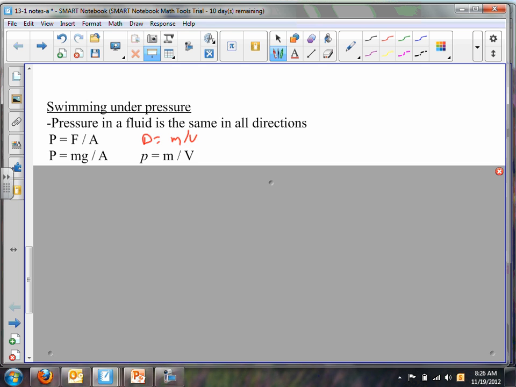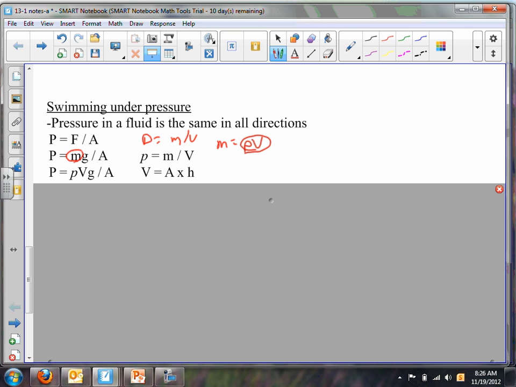If I rearrange this density equation for mass, we get mass equaling density times volume. I can then substitute this in for my mass, and we end up getting pressure equals density times volume times g divided by A.